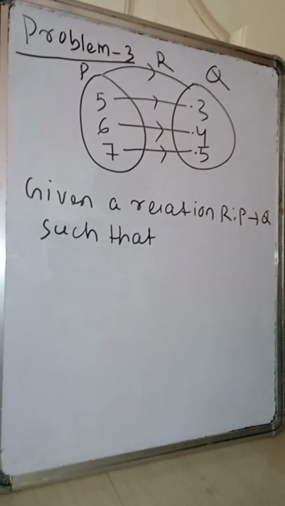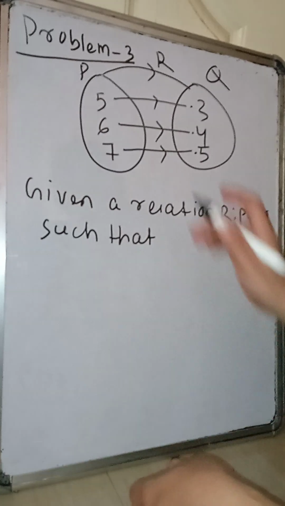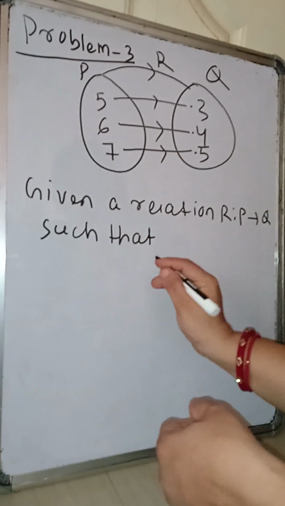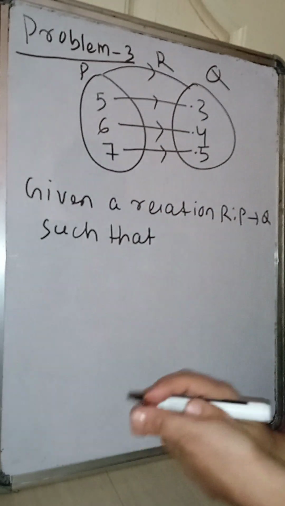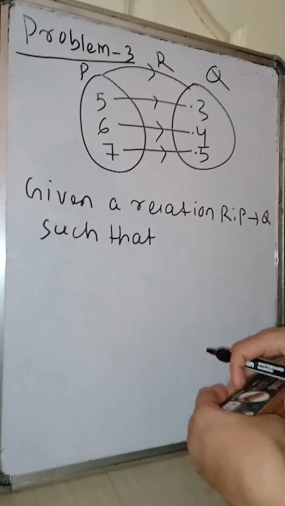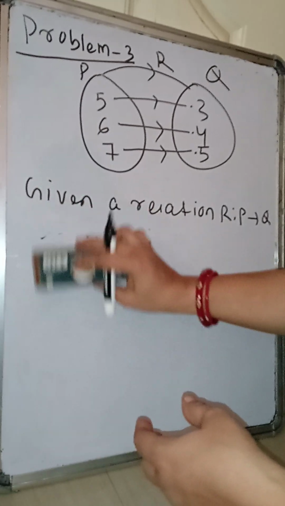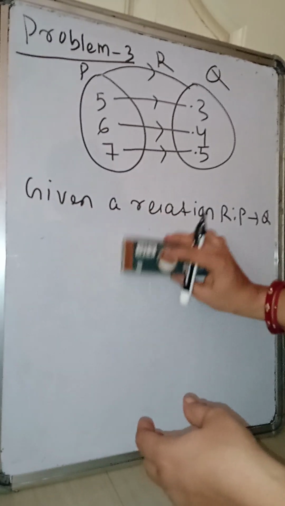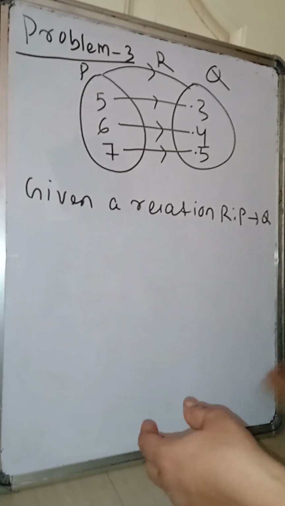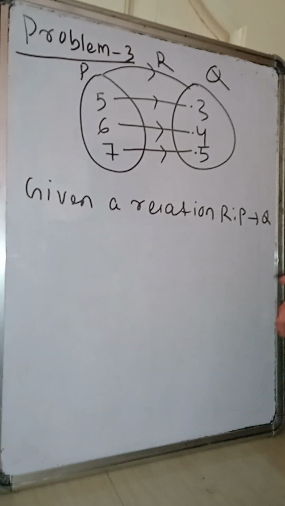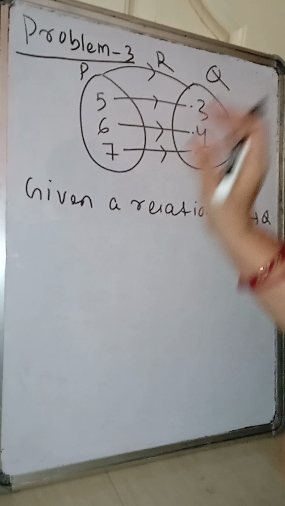So this is your question. That means your relation R is pictorially given. You have to express this relation in roster form and in set builder form.